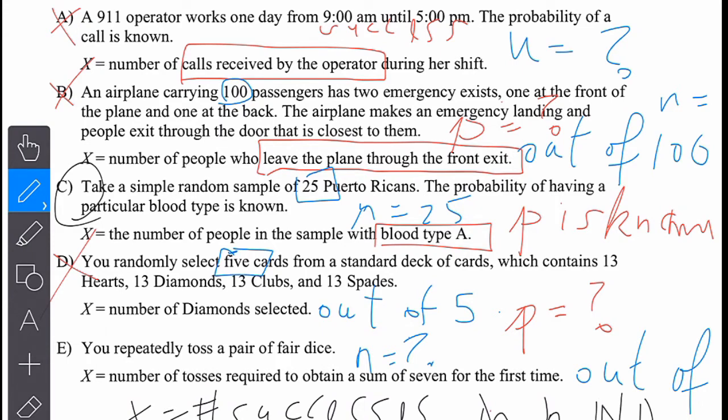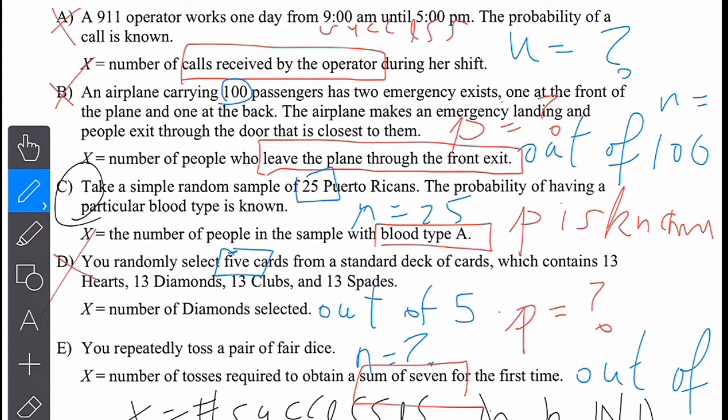All right, so even though I'm looking for a 7, that would be my success. And I could compute that P could be computed. The problem is I haven't specified in advance how many times I'm tossing.